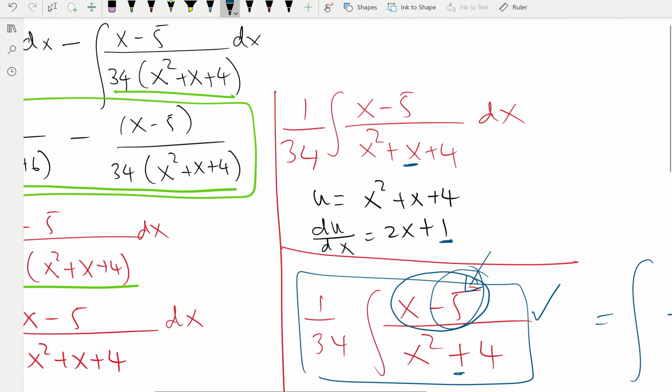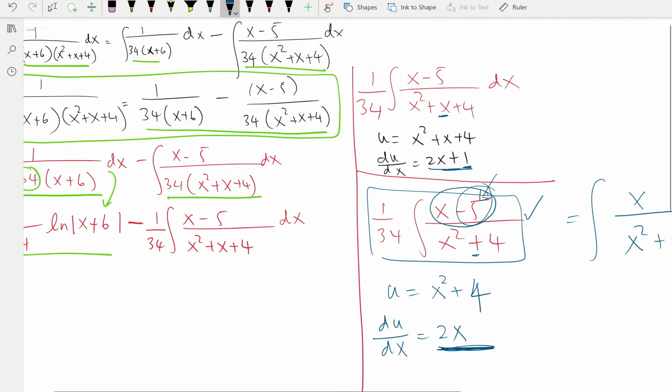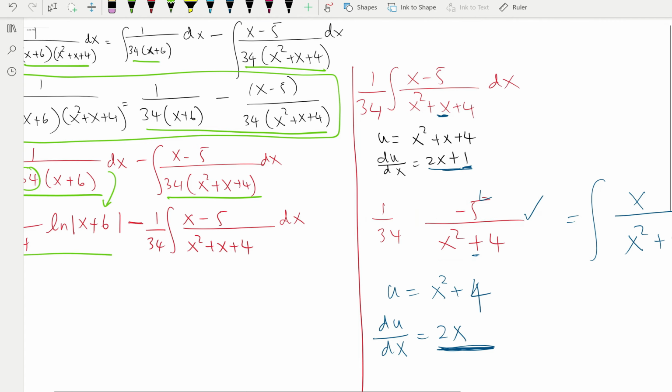This minus 5 is still an obstacle, but our derivative is more complicated than what we had in previous problems. So how are we going to handle this? The main difference here is that having this x term will yield a constant in the derivative when you choose your u to be that denominator x square plus x plus 4. So how do we handle this situation?